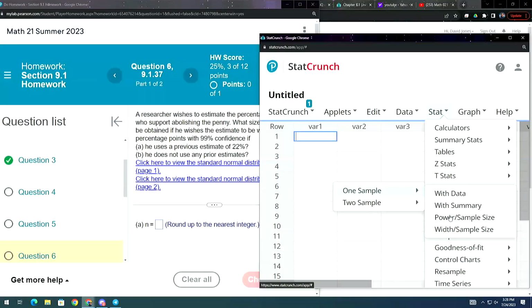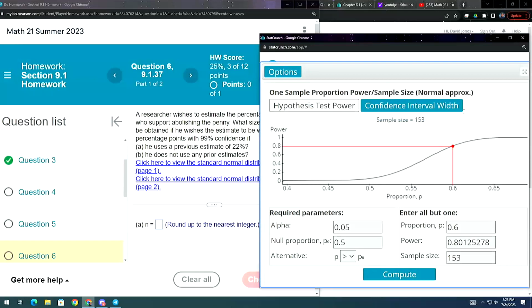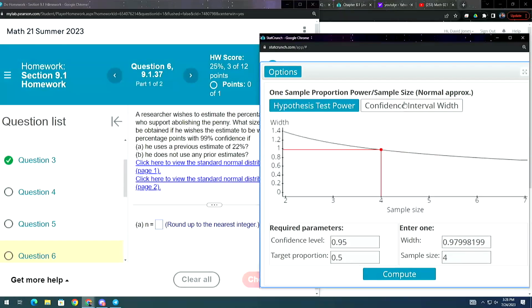It says sample size in the name. I think the width sample size is the same thing. Power sample size is what we're looking for. That's N. We're going to use that one. Click on the one that says confidence interval width at the top. It said 99% confidence.